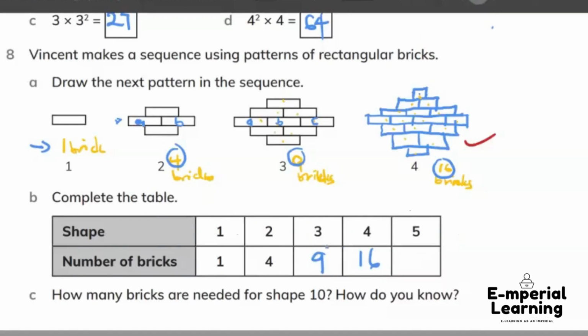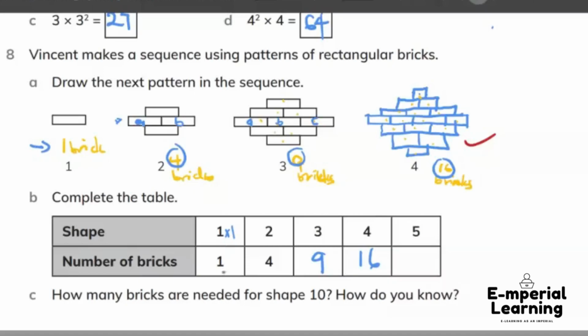Okay, so after writing our 9 and our 16 number of bricks over here, let's analyze the sequence in order to find the number of bricks for shape 5. I can tell you right away, but I want you to just analyze this. Okay, let me help you. What I see going on here is the number of the shape being multiplied by itself.